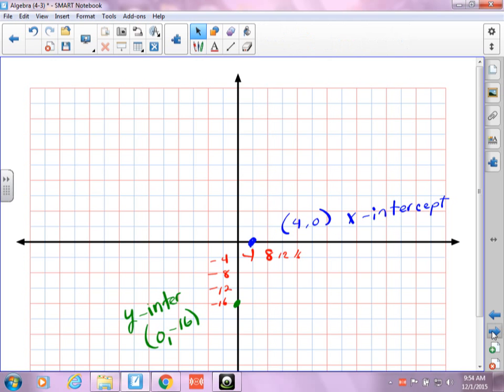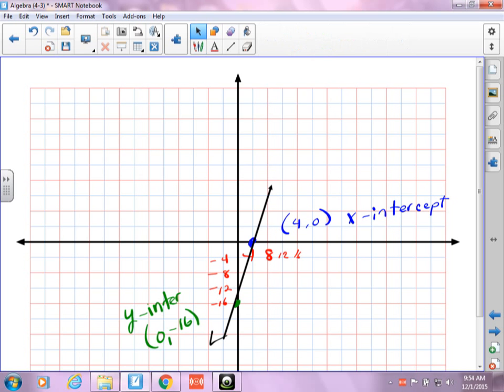Right? And then what you do is you take your straight edge and you're going to draw a line. And it'll have arrows on both ends. Done.